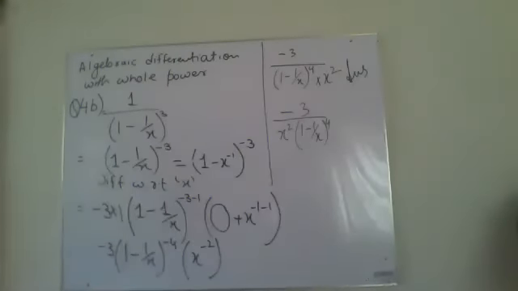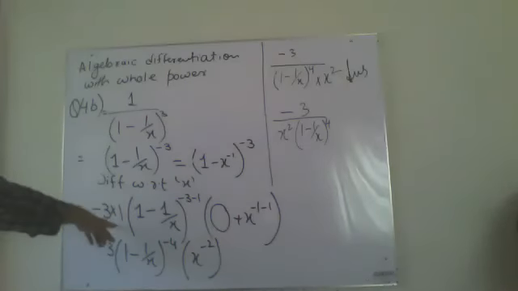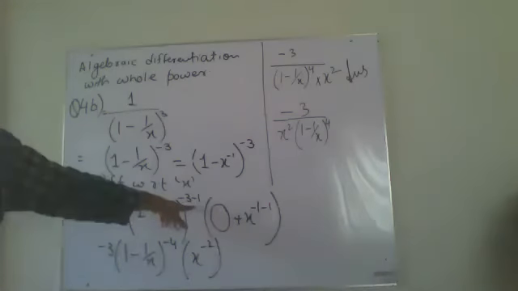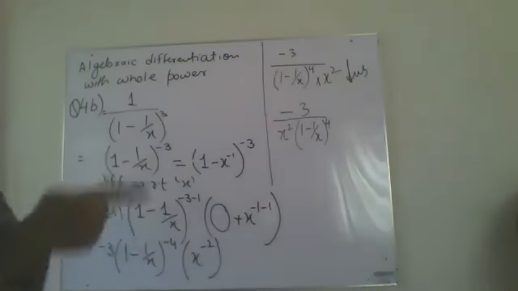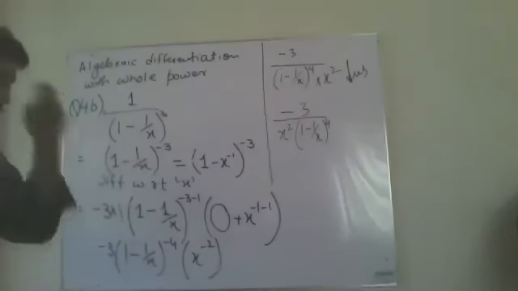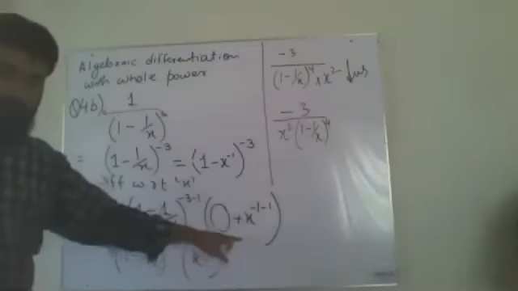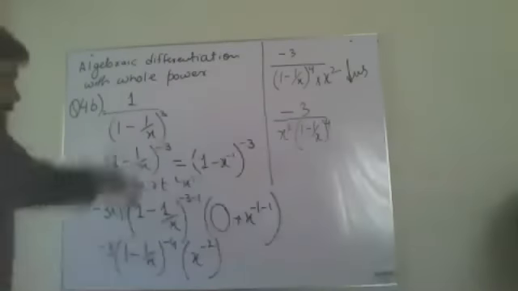Differentiating whole power means multiplying my whole power with the coefficient of the bracket and then reducing it by 1. Whatever is written inside the bracket will remain the same. That's my first step. My second step is to differentiate whatever is written inside the bracket.